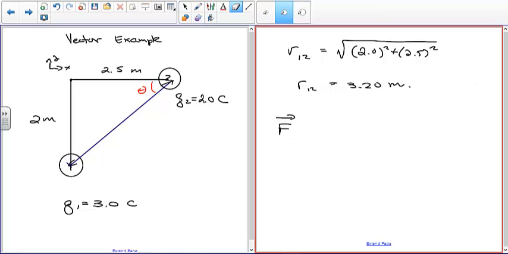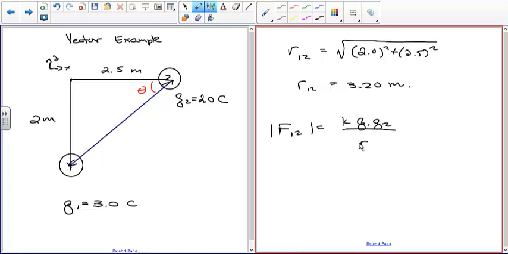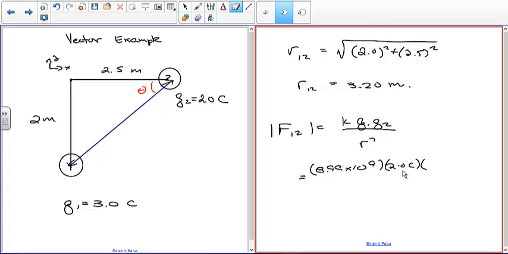And so the magnitude of the force between the two charges is just equal to Coulomb's constant times Q1 times Q2 divided by R squared. So we have Coulomb's constant, which is 8.99 times 10 to the 9th newtons meter squared per coulomb squared.